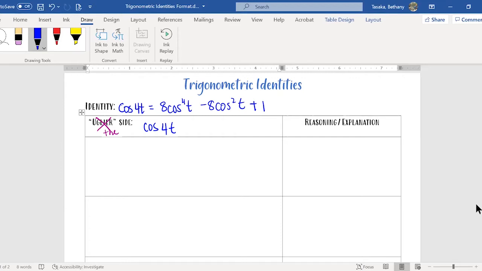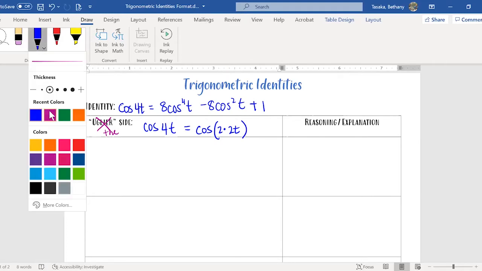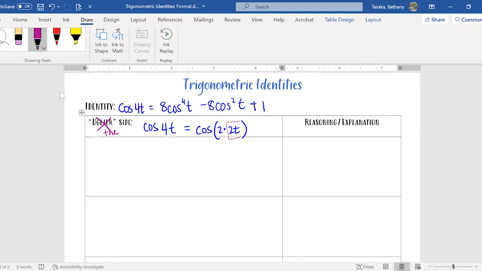So if you use cosine of 4t, I'm actually going to think of this as cosine of 2 times 2t. The reason why I want to do that is this inside 2t, this inner one, the box around it here, is really the piece that I'm going to focus on, or that I'm going to use, okay?